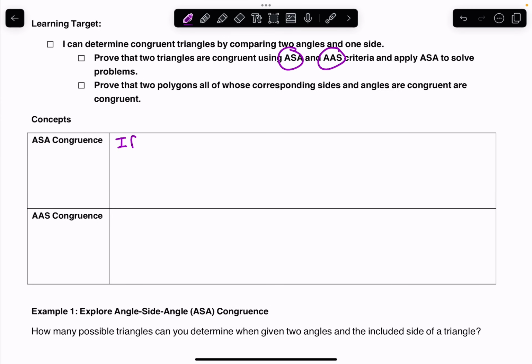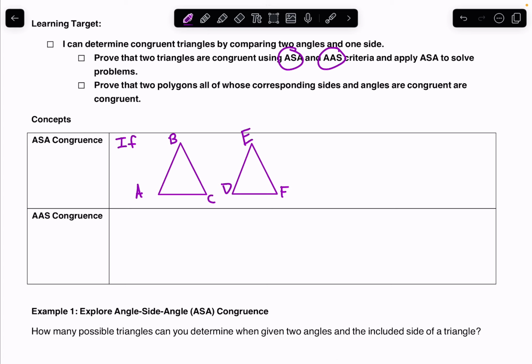So if we have two triangles, and maybe they are triangle ABC and DEF, and they have an angle, maybe angle A, and then a side that's congruent, maybe AC and DF, and then another angle, maybe angle C and angle F, then I know for sure that triangle ABC is congruent to triangle DEF.